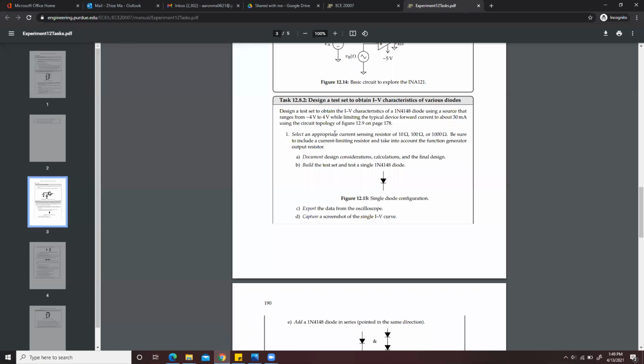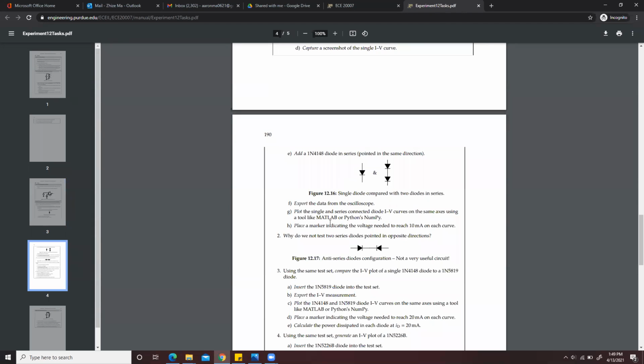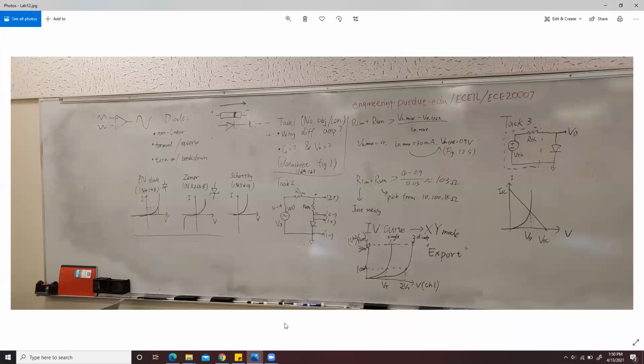After you've done the first question, at the very last step, you will measure two. You will have two curves in one plot. The first curve will be the single diode, and the second curve will be two diodes in series. So the plot will be something like this.